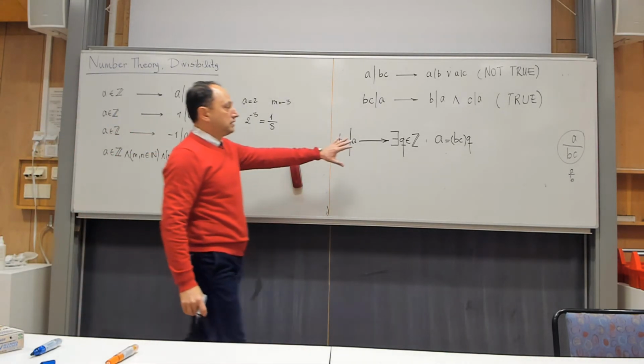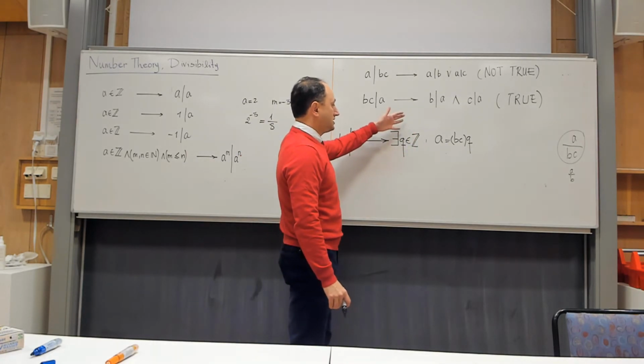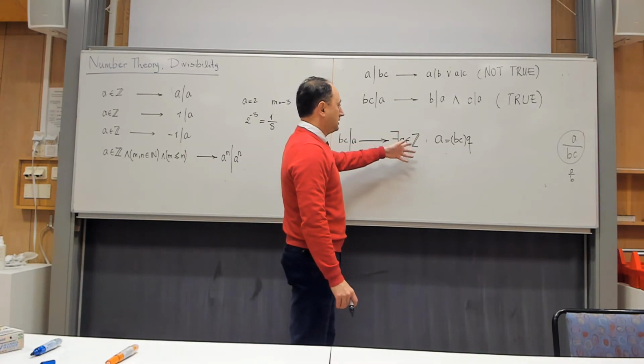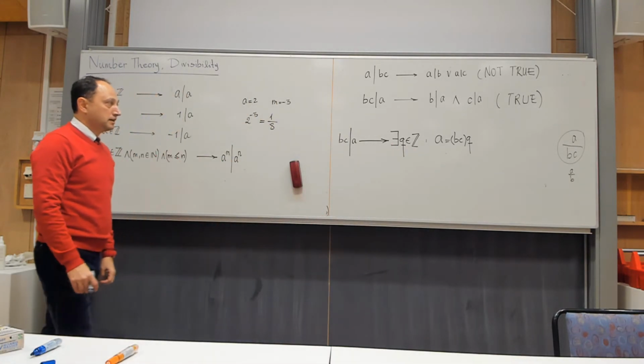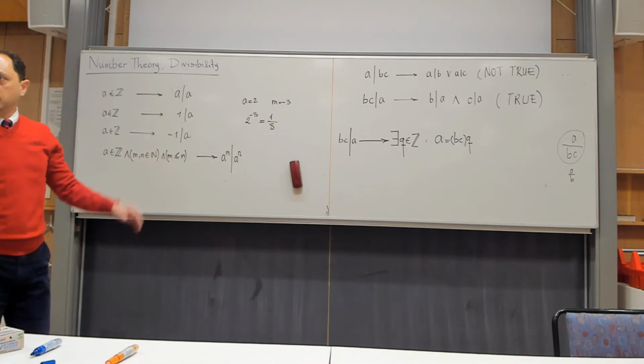So if you don't like this symbol, you need to write there exists a Q in the set of integers such that, but this is much more convenient. So everyone agrees with this statement?